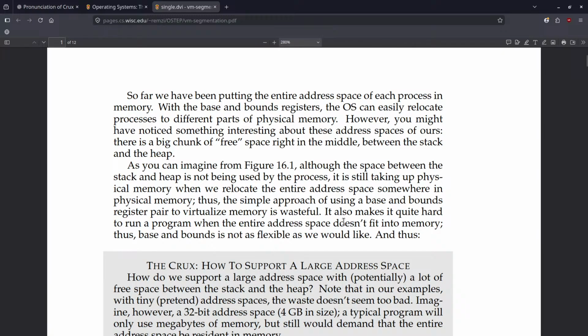Thus, the simple approach of using a base and bounds pair to virtualize memory is wasteful. It also makes it quite hard to run a program when the entire address space doesn't fit in memory. Thus, base and bounds is not as flexible as we would like it to be.